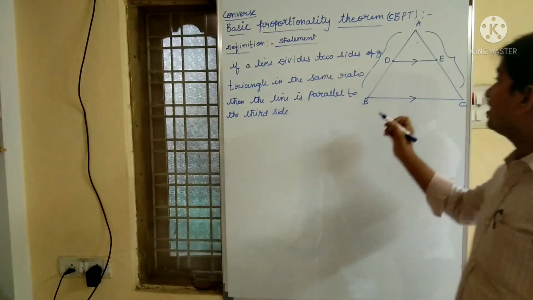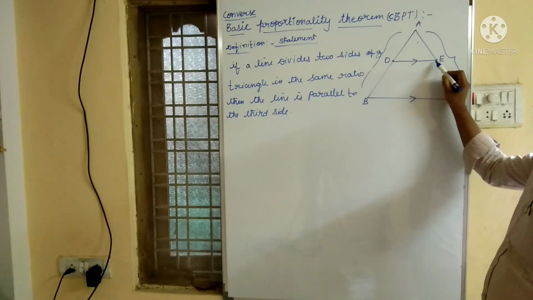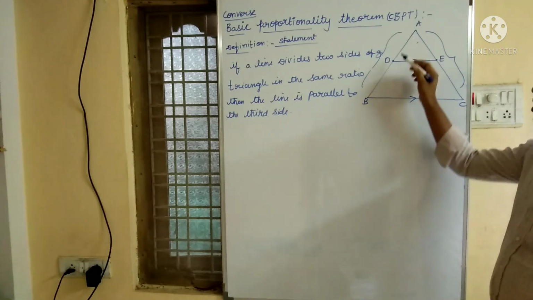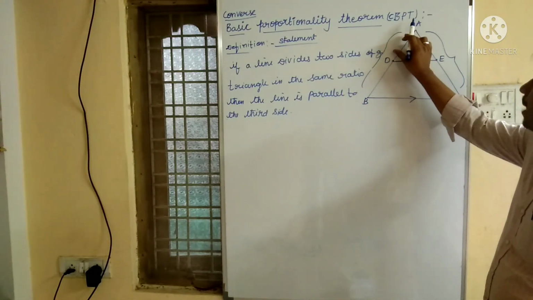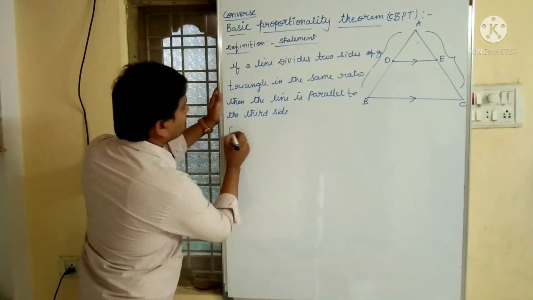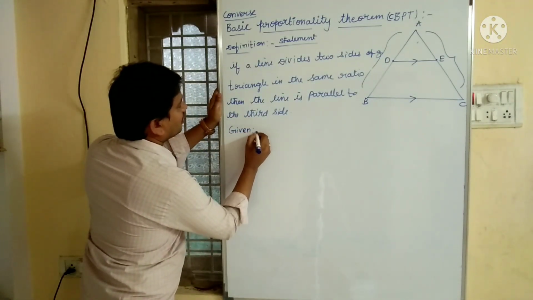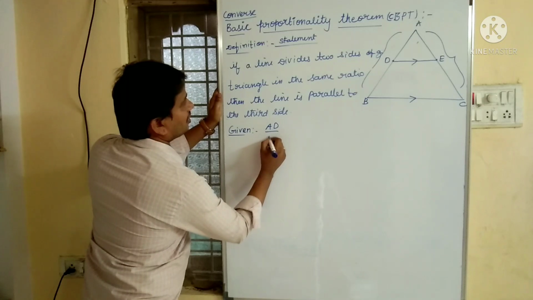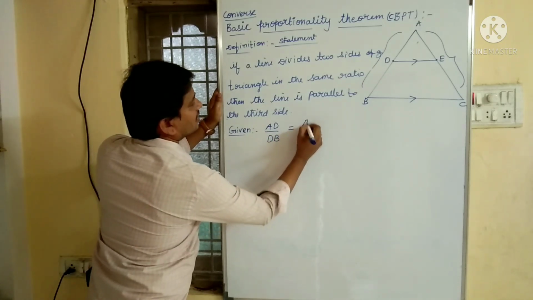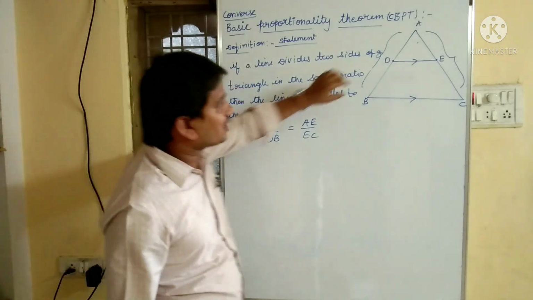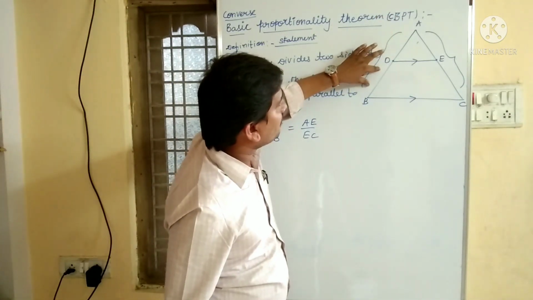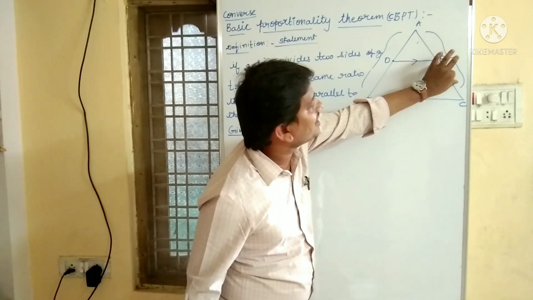Now let us see, if a line divides two sides of a triangle in the same ratio, here what is given, children? Given AD by DB is equal to AE by EC.